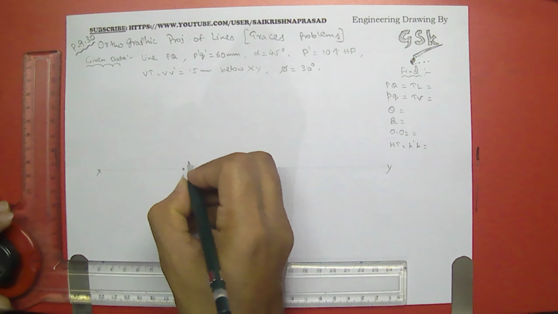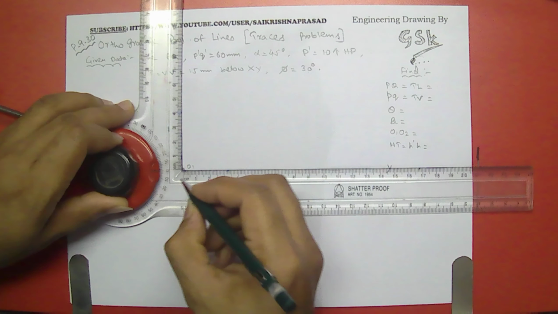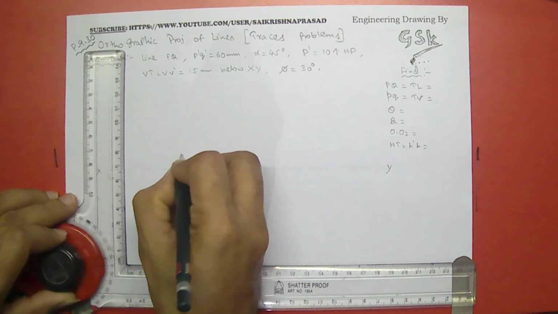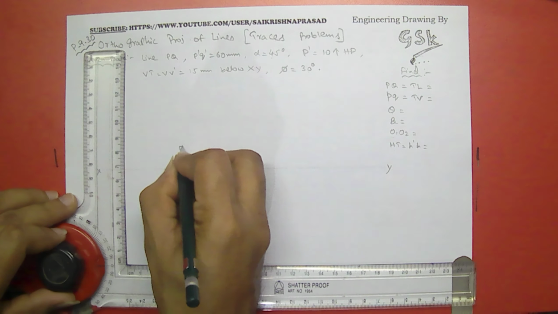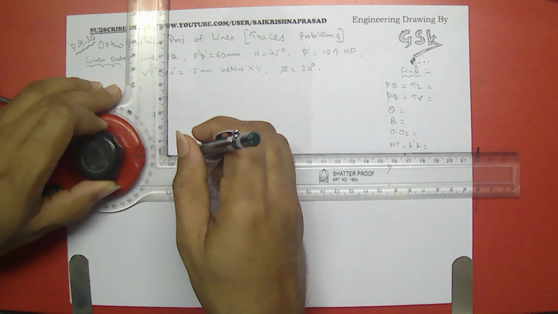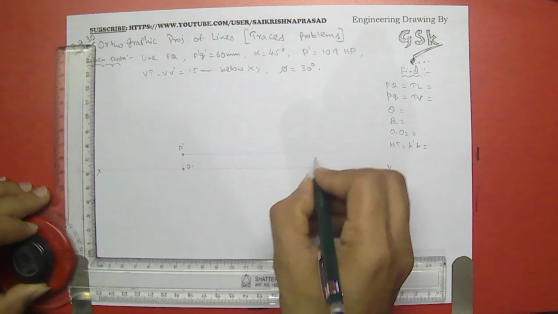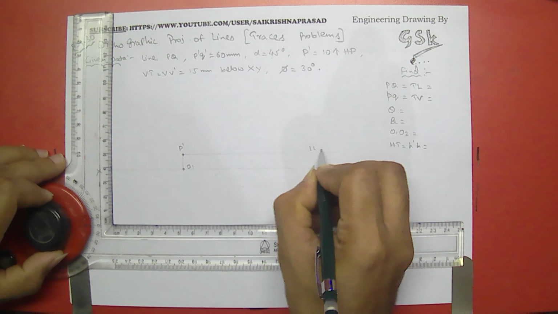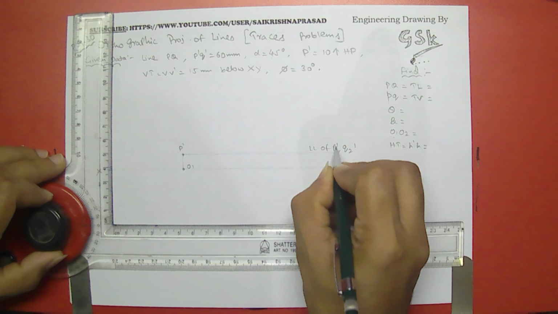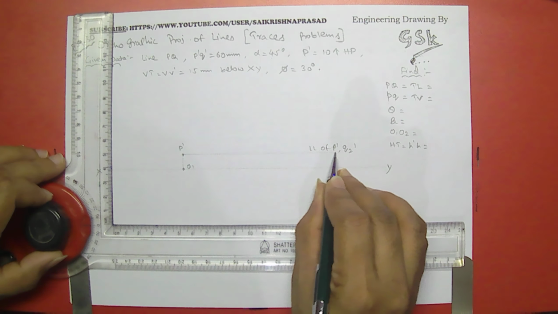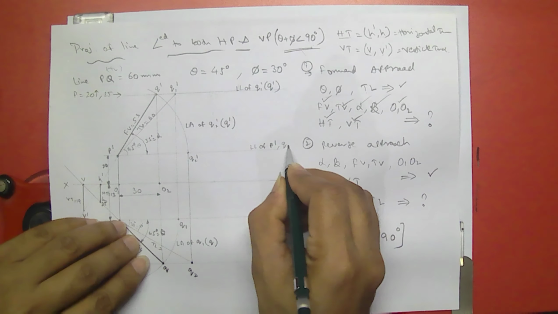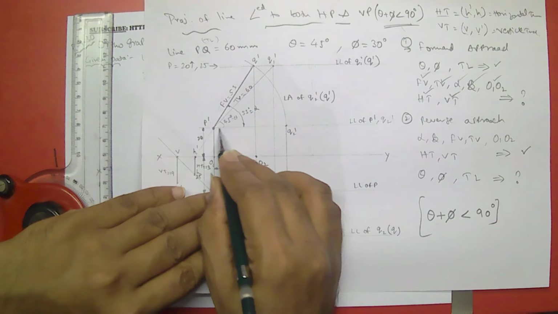This can be O1, and from here it would be exactly 10 mm. This is P dash, and I am drawing the locus line from P dash. On this locus line I can get Q2 dash also. So let me write down the locus line of P dash and Q2 dash.